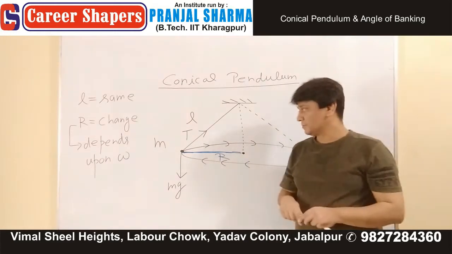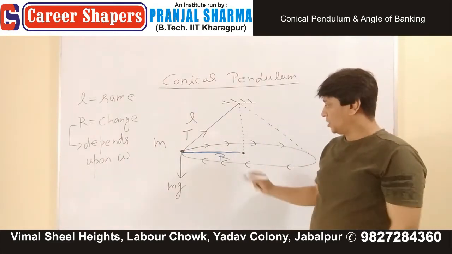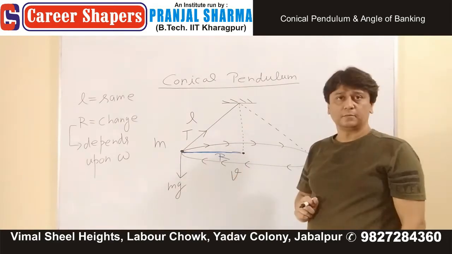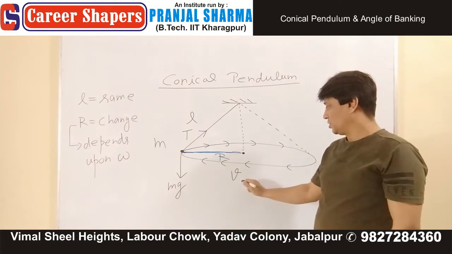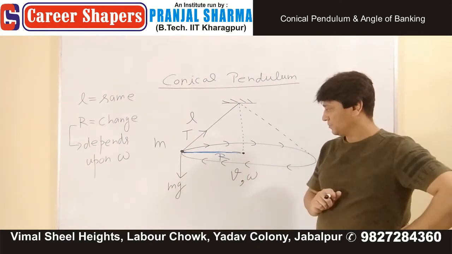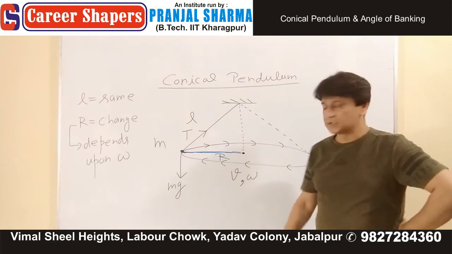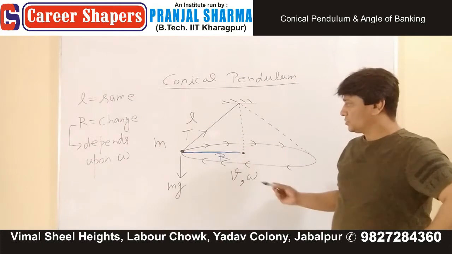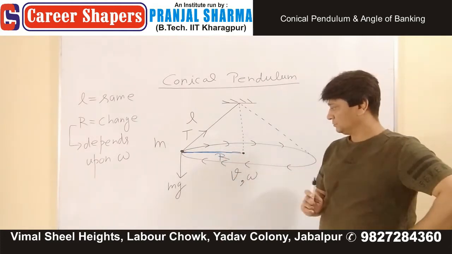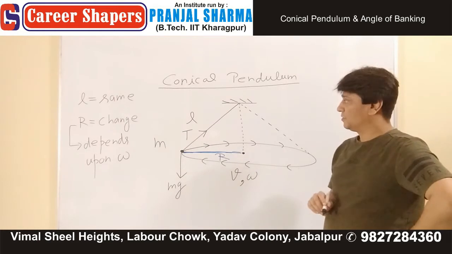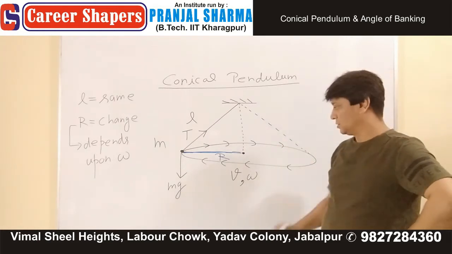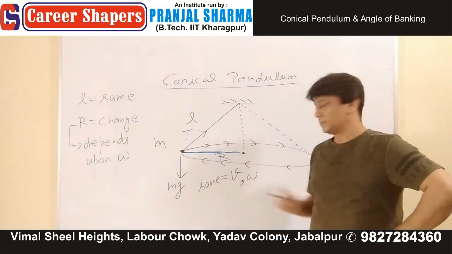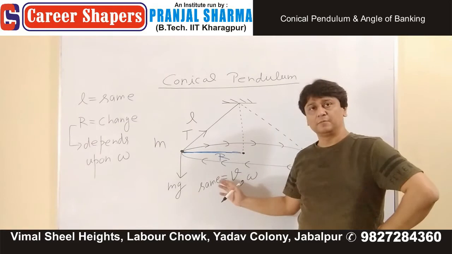Now suppose this object is moving with speed v or angular velocity omega. We'll find the answer in terms of v, and then we'll develop the whole thing in terms of omega also. The object is moving with v, and for this particular question we are keeping our v same. If we keep v same, it is what?